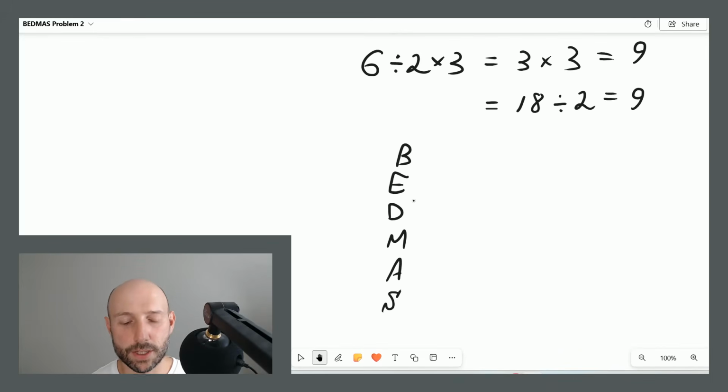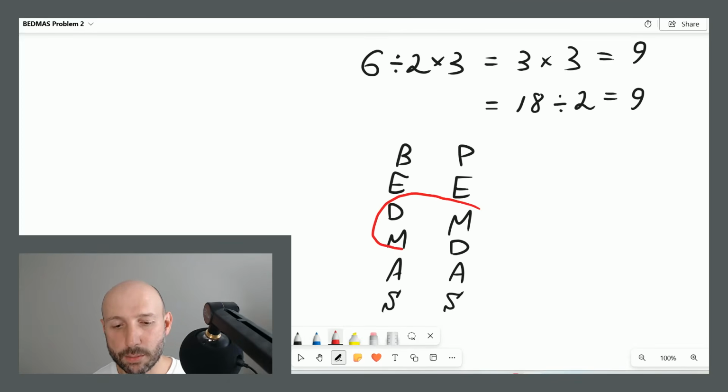Brackets, exponents, division, multiplication, addition, subtraction. But in some countries, or in some regions, some cities, it's taught differently. They are taught PEMDAS. Parentheses, which means brackets, exponents, multiplication, division, addition, subtraction. Now you'll notice that multiplication and division have a reverse order in this situation.